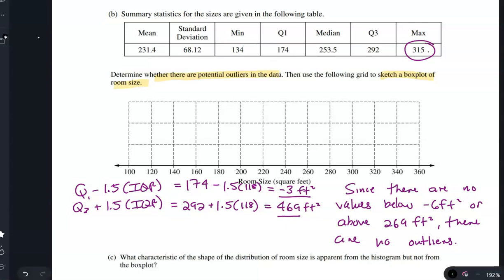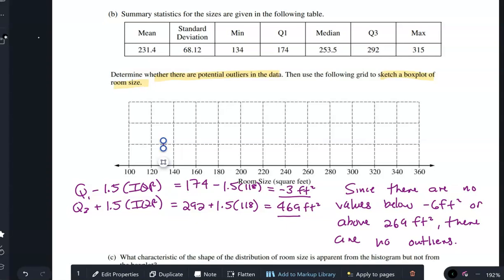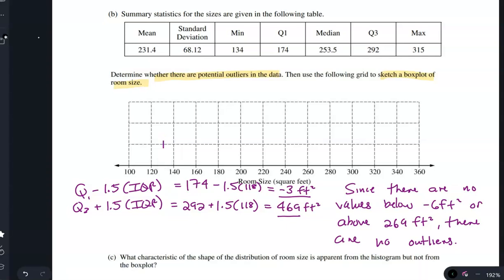Okay, so let's graph our box plot. Our minimum here, 134, so they have everything nicely graphed for us. Maybe about here. Q1, 174, maybe about here.